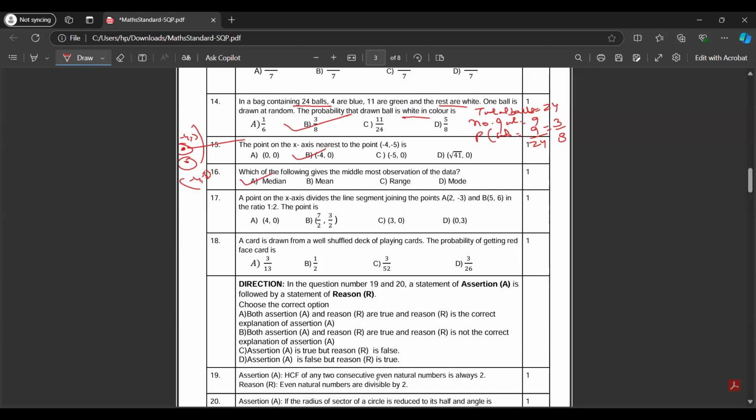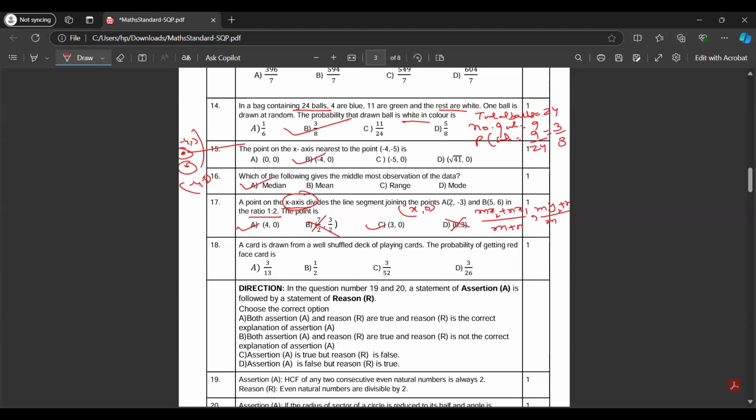A point on the x-axis divides a line segment joining 2, -3 in the ratio this. Now see, beta. The point is on the x-axis, which means it should be x, 0. So two options will be wrong. Now we have to choose from these two, A and C. So now apply the formula: mx2 plus nx1 upon m plus n, comma, my2 plus ny1 upon m plus n.